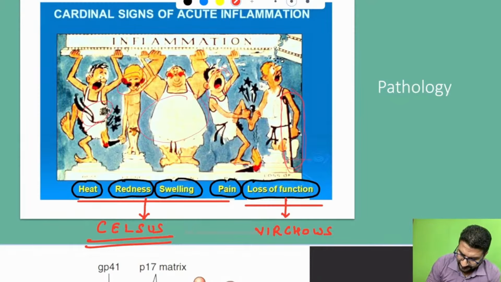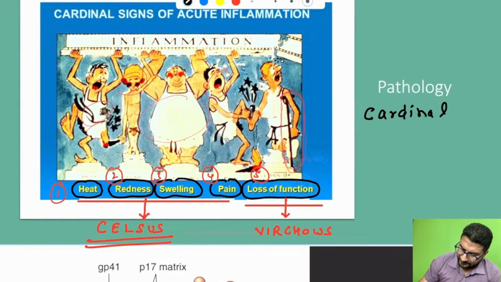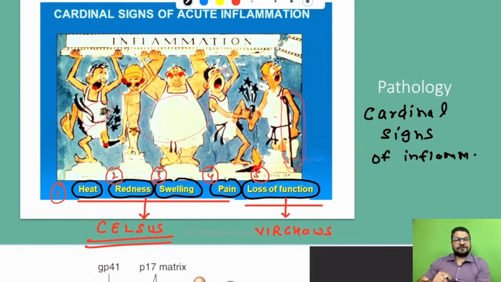Let me do the labeling: heat, redness, swelling, pain. If I ask what these are called, they are the cardinal signs of inflammation. The first four signs were given by Celsus, and the fifth sign was given by Virchow.